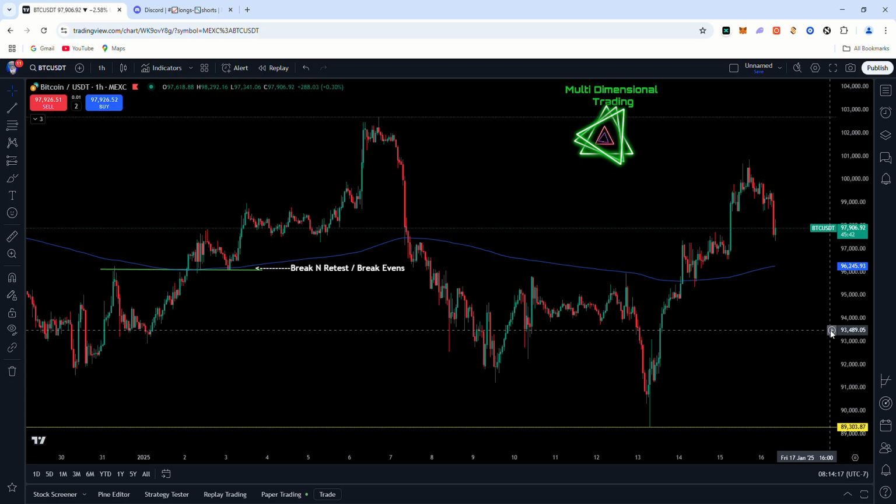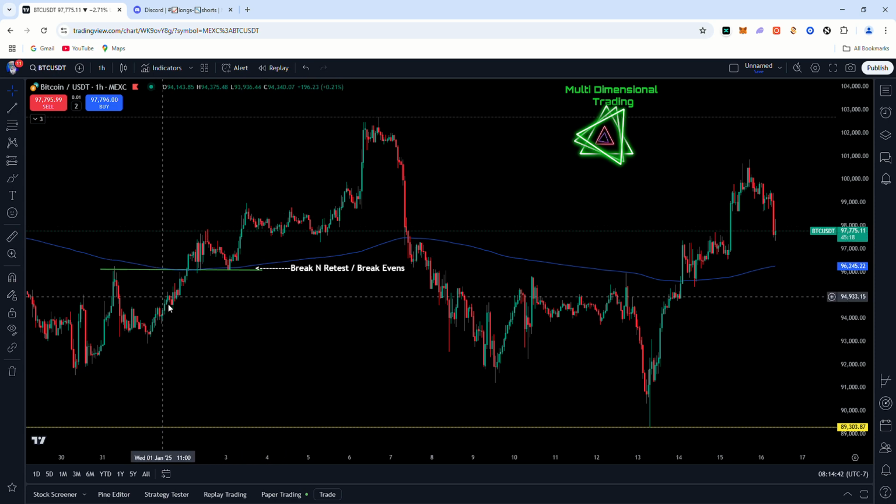But what we're going to talk about is where to enter on these trades. So we have what we call the break and retest, or break evens, right? Here we have a prime example on the Bitcoin chart.